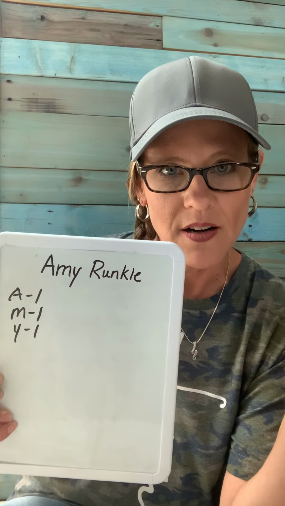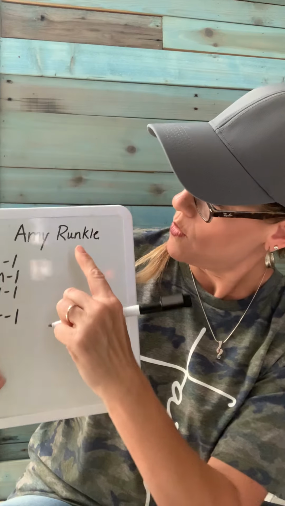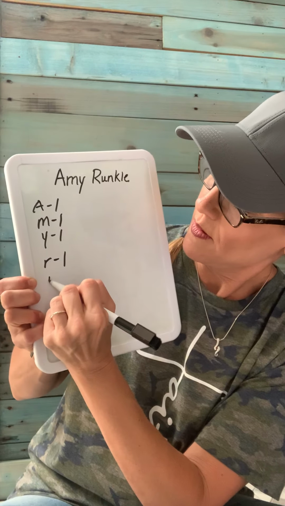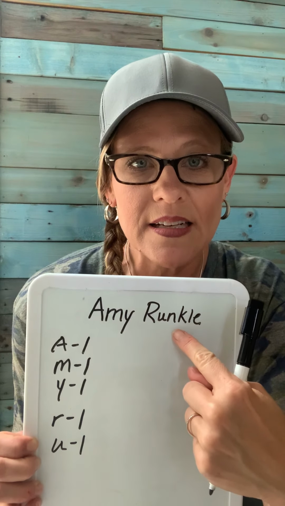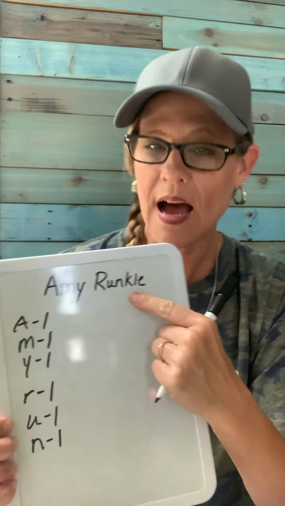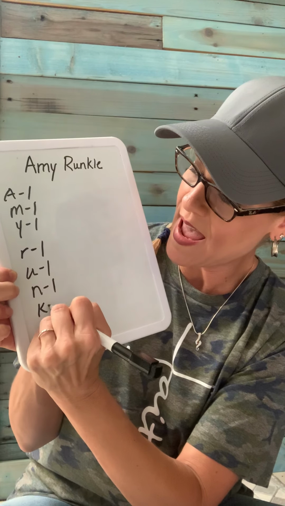How about the R? R, nope, just 1. How about the U? 1 U. How about that N? 1 N. How about the K? 1 K. How about the L?